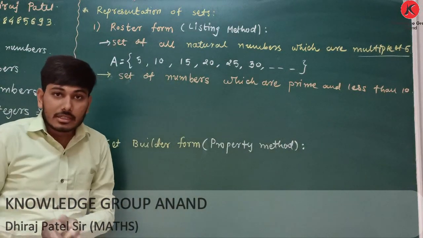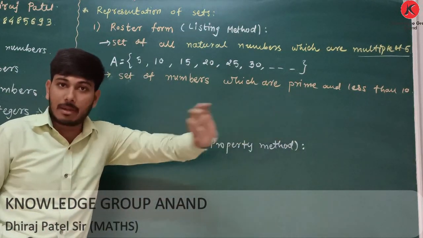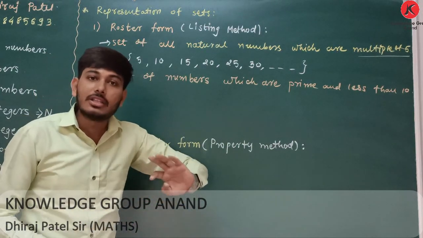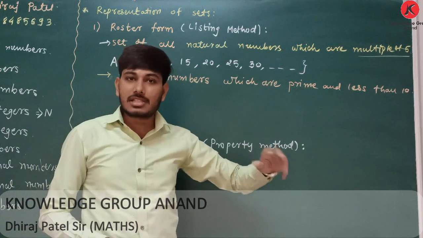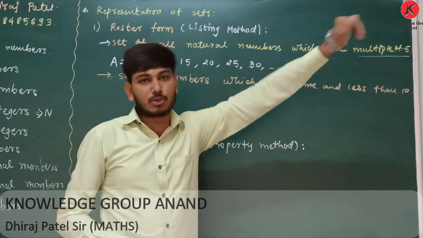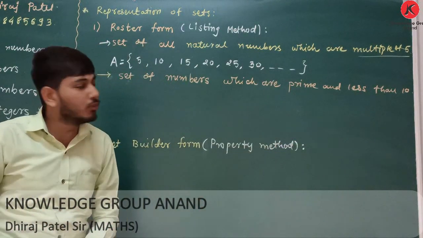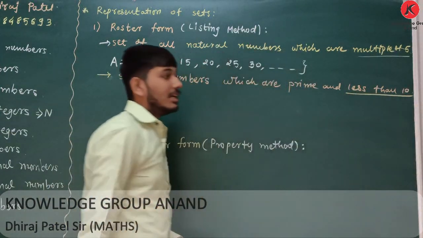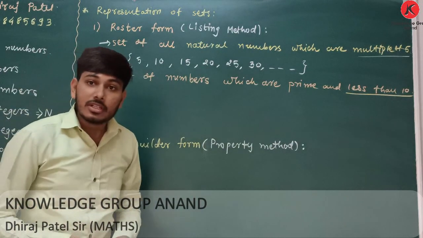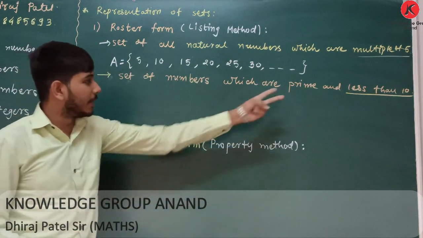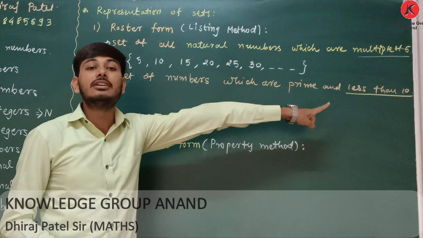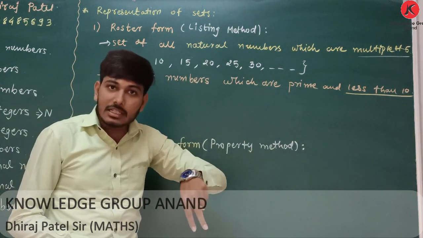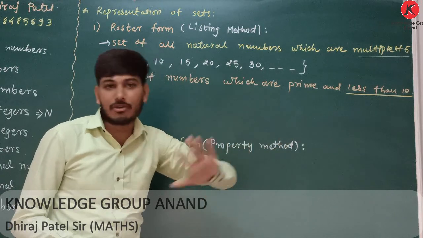So we know that the list of prime numbers is 2, 3, 5, 7, 11, 13, 17, 19 up to infinite. But we want the prime numbers which are less than 10. Therefore, the list of prime numbers which are less than 10 is 2, 3, 5 and 7.